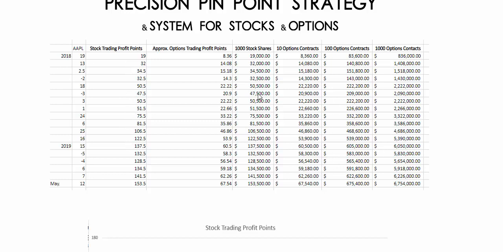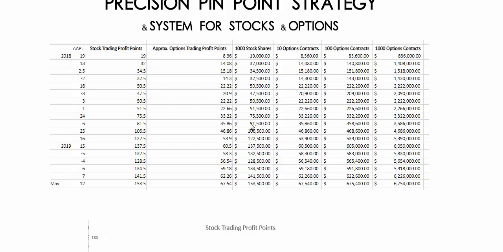We can also see the accumulated options points approximate, which means we have a ratio that factors in premium decay on average and the stock gain, and so you can see how these stack up over time. You can see the accumulation with 10 contracts, accumulation with 100 contracts, accumulation with 1,000 contracts.